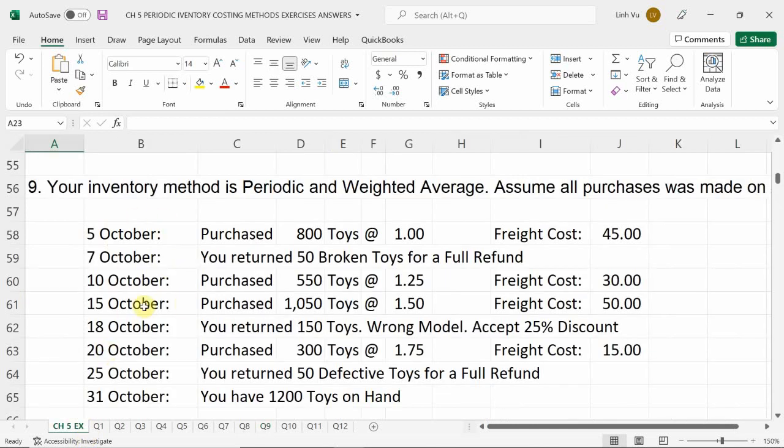We made another purchase of inventory, of 1,050 toys at $1.50 with a freight of 50, on October 15.